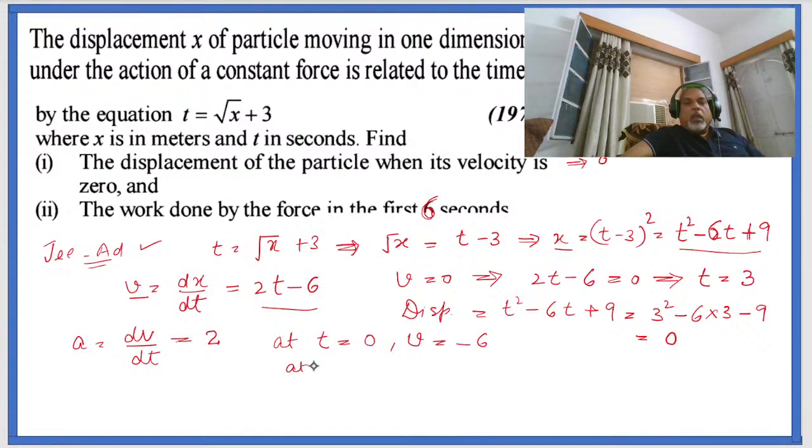and at t is equal to 6, what will be v? If you put here t is equal to 6, then it will be 6 meter per second. Correct? So what will be the work done?